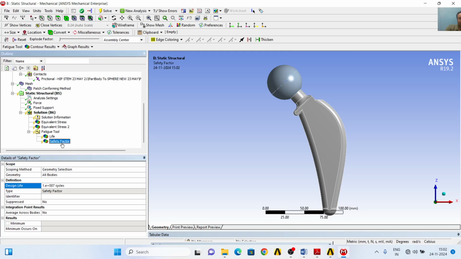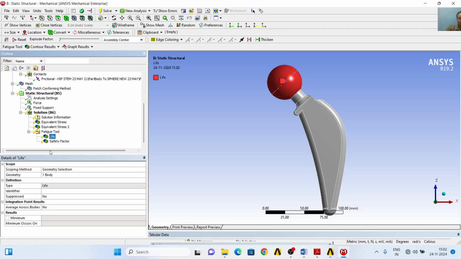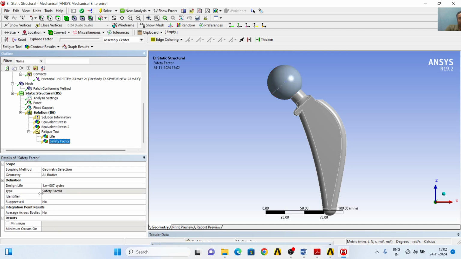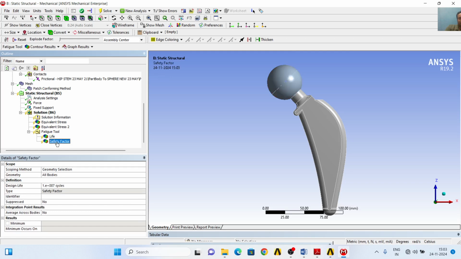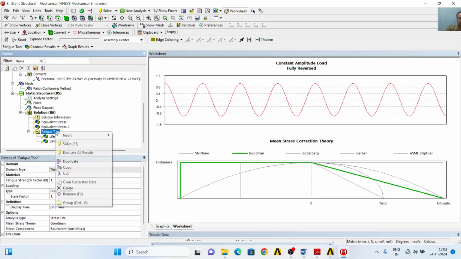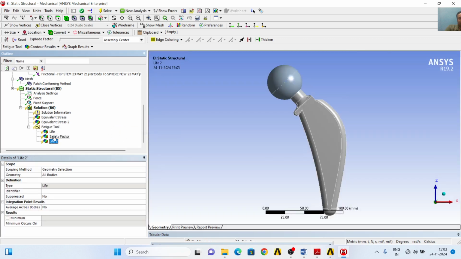And for safety factor, this is the life body safety factor, I will investigate the safety factor for 1e+007 cycles. Okay, and I will also create one more life, life 2. This is for one body and this is for another body.